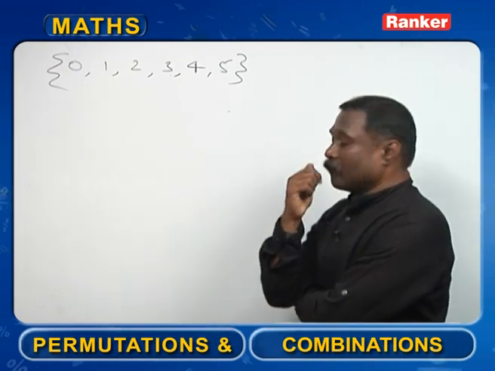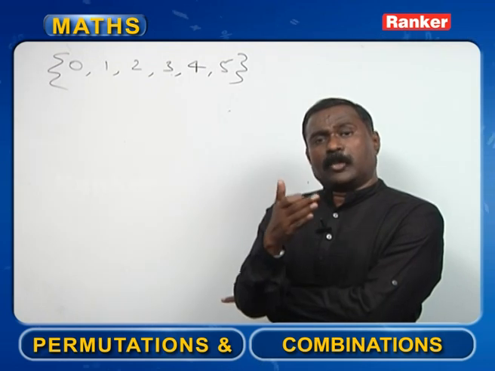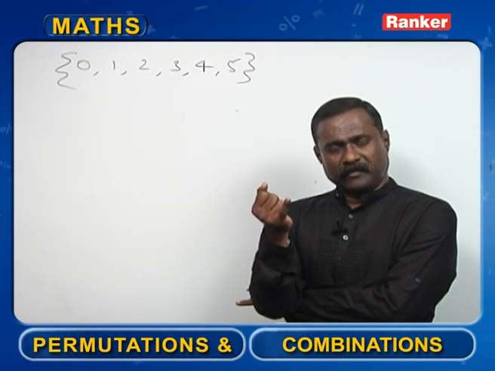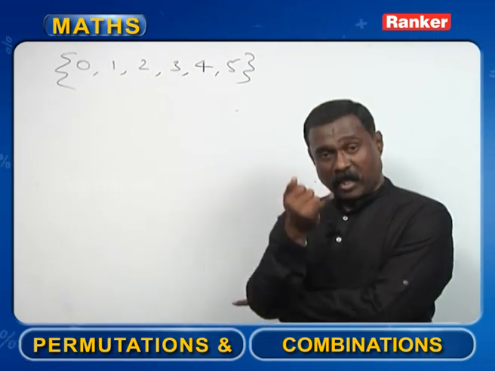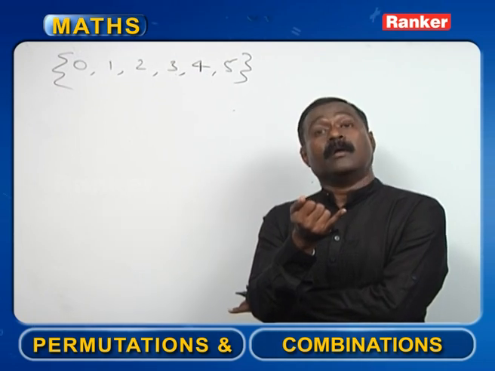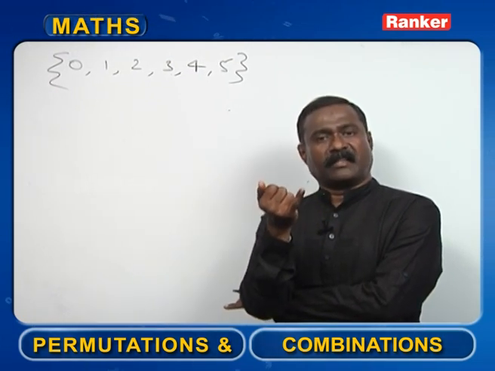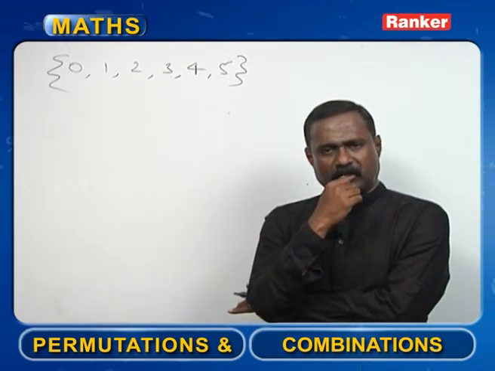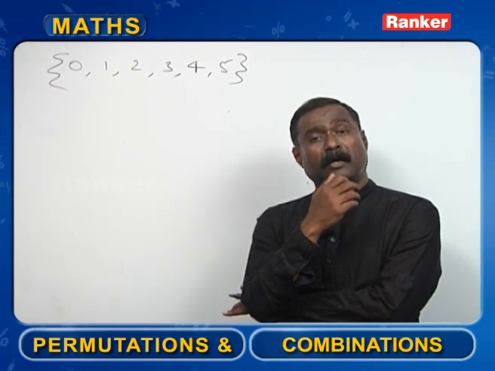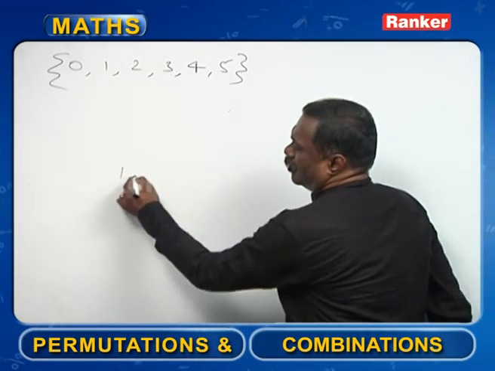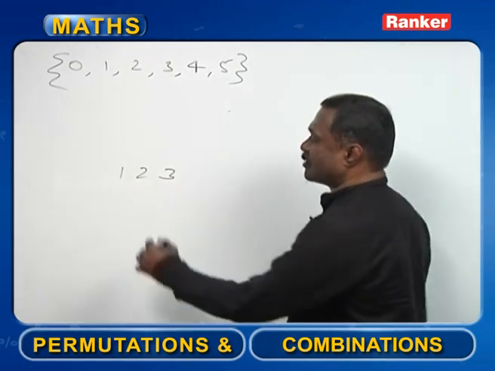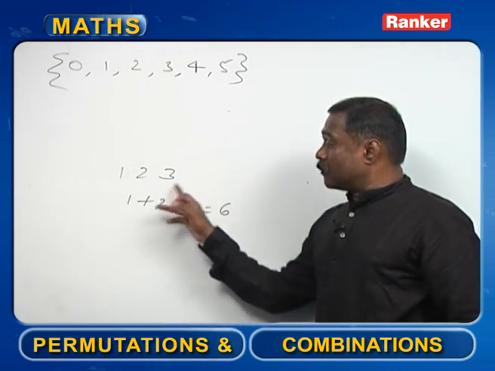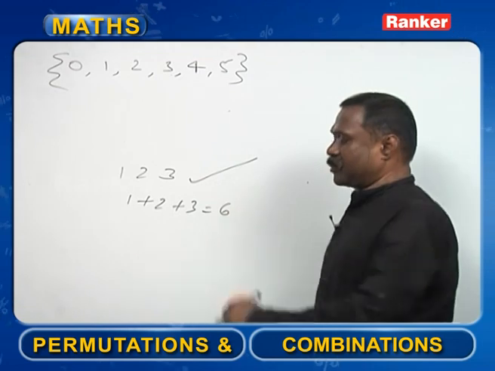For this purpose, let's go through the divisibility rules. Divisibility rule for 2, as you know: if the ones place of any number is 0, 2, 4, 6, 8, then the entire number is divisible by 2. Similarly, what is the divisibility rule for 3? A number is divisible by 3 if the sum of its digits is divisible by 3. 1 plus 2 plus 3 is equal to 6, so this number is divisible by 3.